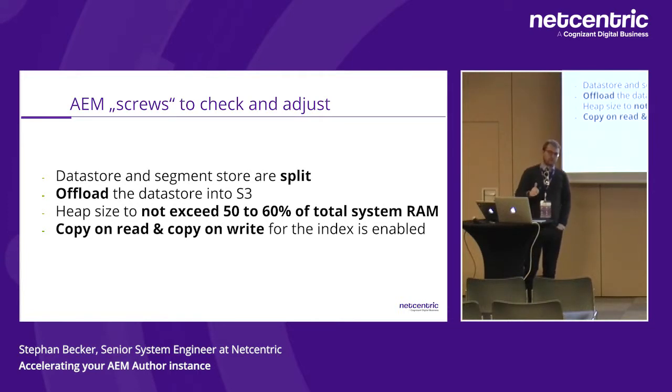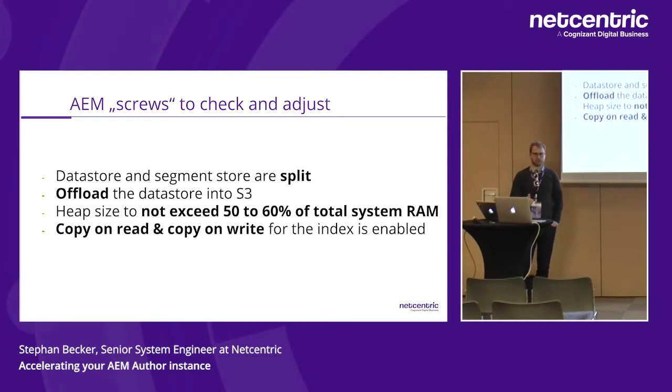We have a rule of thumb where we say that the heap size should not be more than 50 to 60% of the total system memory. The reason for this was initially that we discovered with 6.0 there's something going on in the background, that this memory mapping was happening, but we weren't sure yet what was going on.